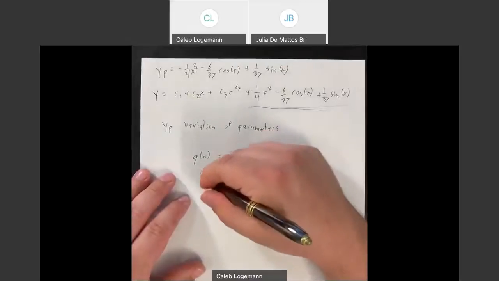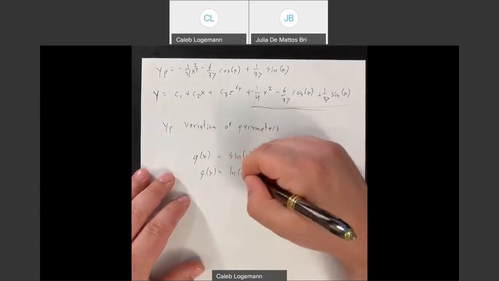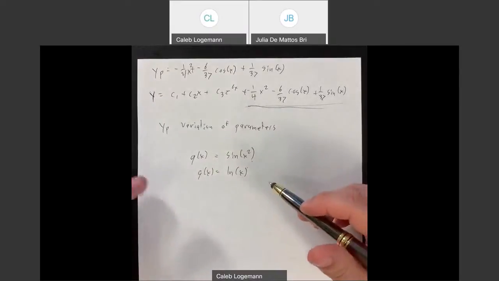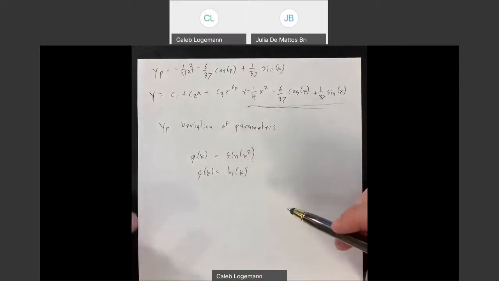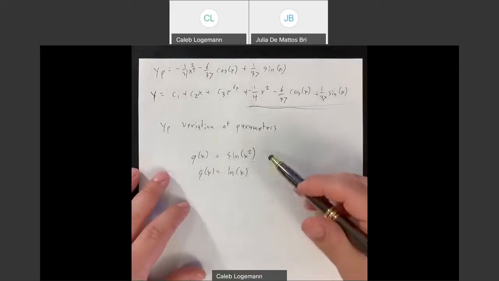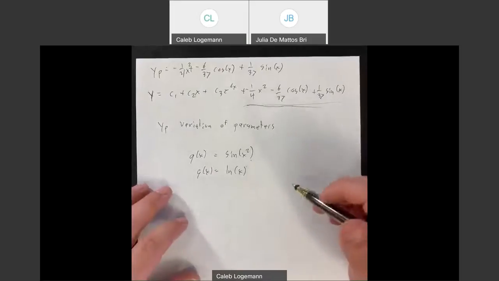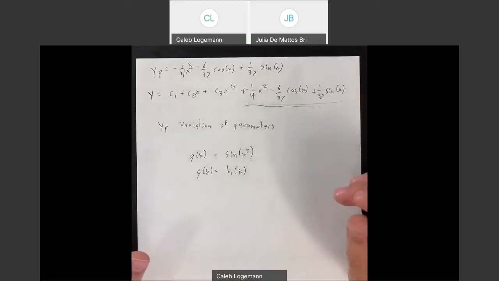Or if g of x is the natural log of x, it doesn't make sense to guess natural logs, because the derivative of natural logs is not natural logs. And so things are more tricky when functions don't turn into derivatives of themselves.